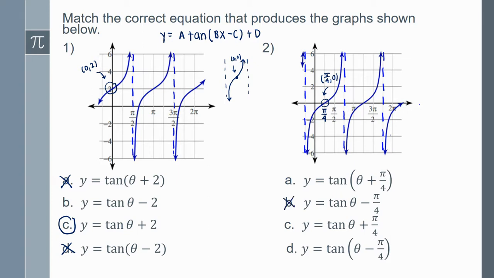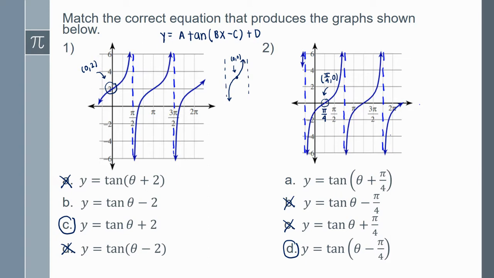So that means that B and C, because they don't have the parentheses, are not going to be my answer. Now I have to remember, because I am shifting to the right, we always want the opposite sign. So when I see theta plus pi over 4, that's actually the incorrect one. I want to go down to letter D, where it's theta minus pi over 4.